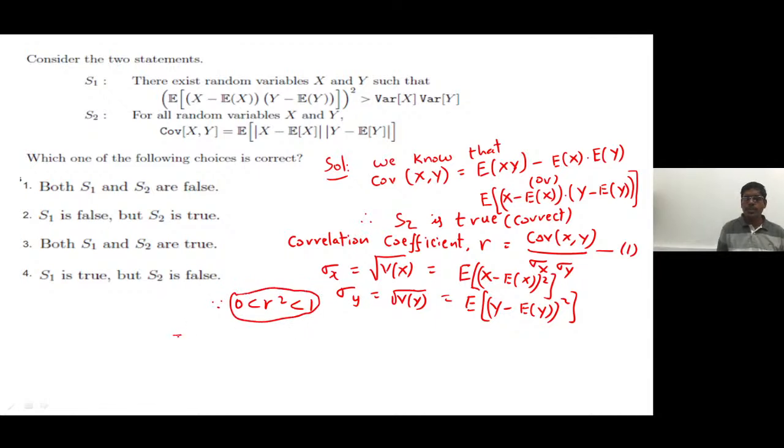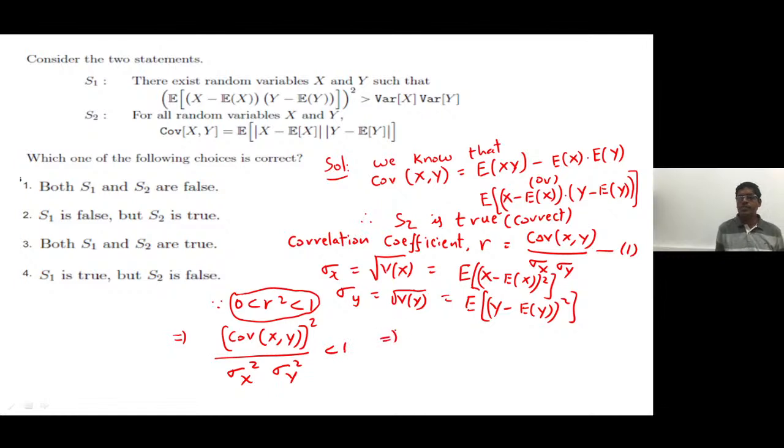So from squaring equation 1, covariance of x comma y whole square divided by the denominator square, sigma square x multiplied by sigma square y, is less than 1.